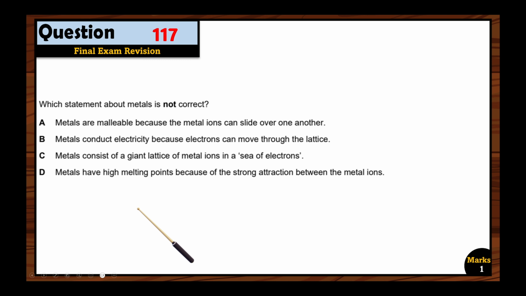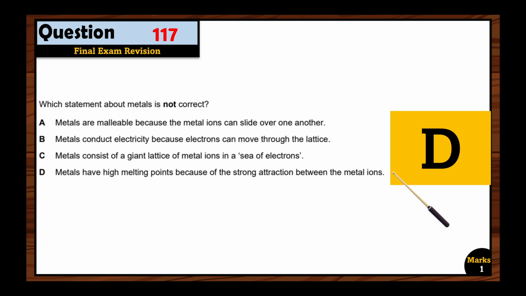That's also right. Metals have high melting points because of strong attraction between the metal ions. How can we have strong attraction between the metal ions? Because metal ions are positive, positive ions will repel each other. So actually we have strong attraction between the metal ions and the delocalized electrons. So that's why option D is not right.